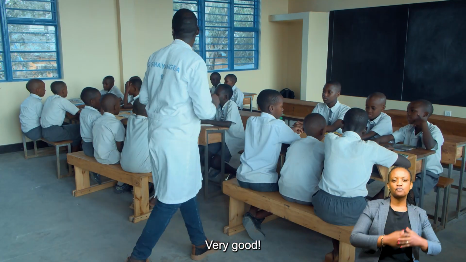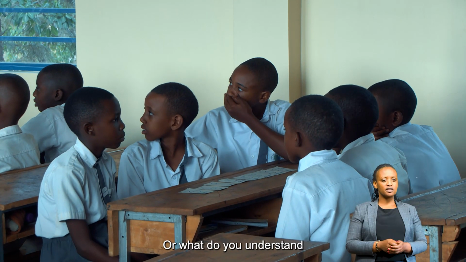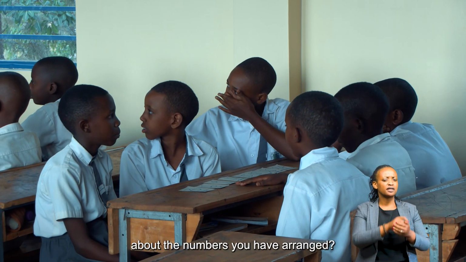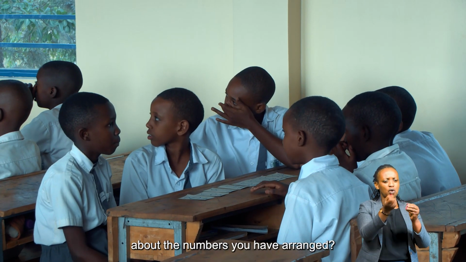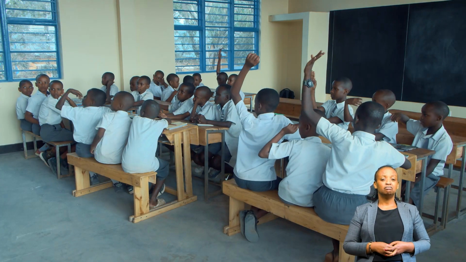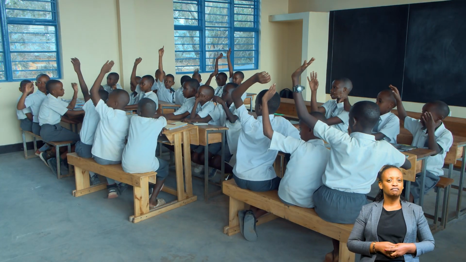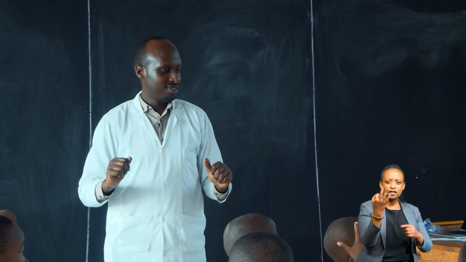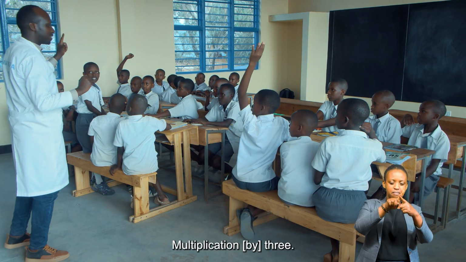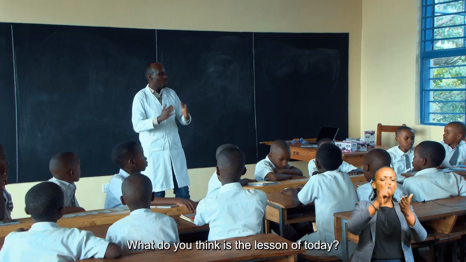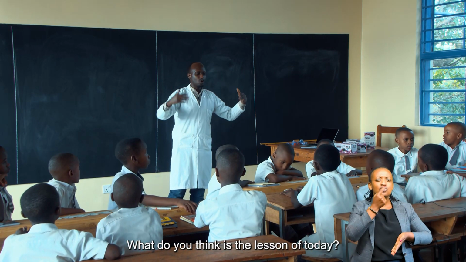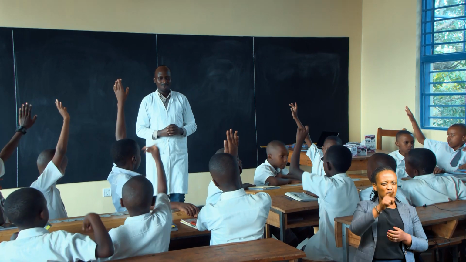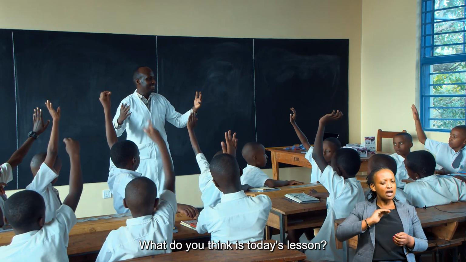Very good. Okay. What do you understand about the numbers you have arranged? Multiplication by 3. Multiplication of 3. What do you think is the lesson of today? What do you think is our today's lesson?